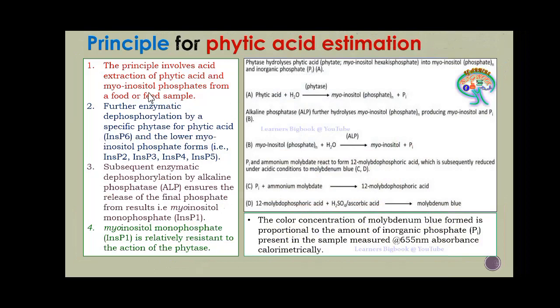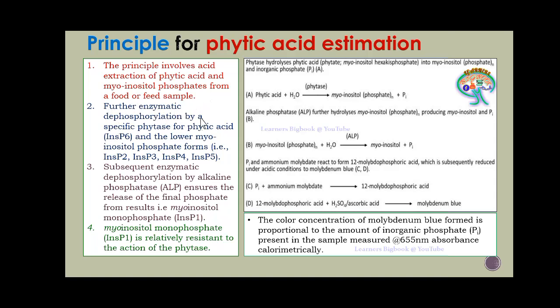The principle involves acid extraction of phytic acid, which we have already discussed, where the sample is extracted with 20 ml of the acid to obtain myoinositol phosphates from the food or feed sample. After the acid extraction, the IP6 has to be degraded to get the phosphate separated from the myoinositol.